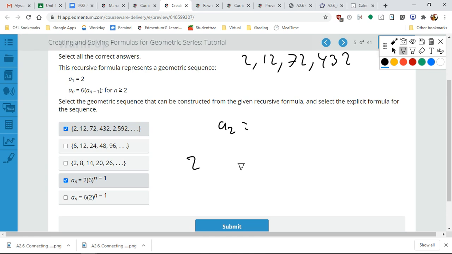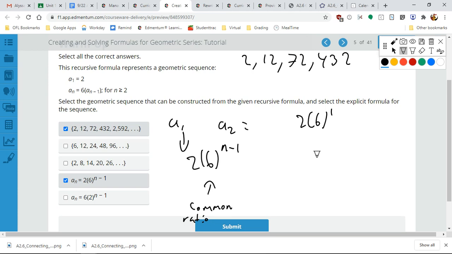So we started off at 2. This is where we start off at. This is our A sub 1. This is what's known as our common ratio. I recommend taking notes on this, guys, because I might use these words later. So this is our common ratio, and then it's n minus 1. Well, if we're doing A sub 2, it's 2 times 6 to the first power.